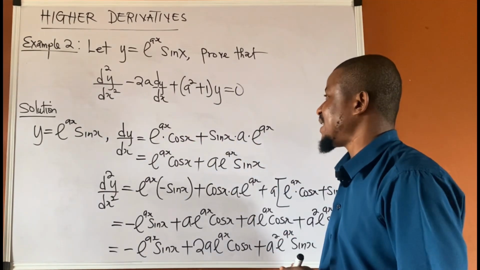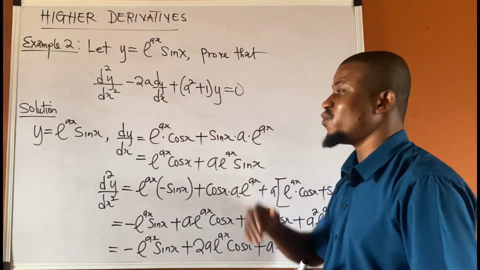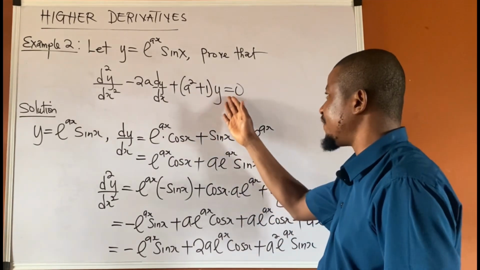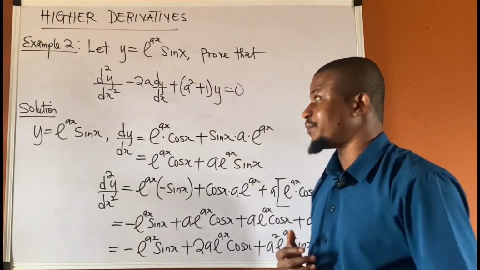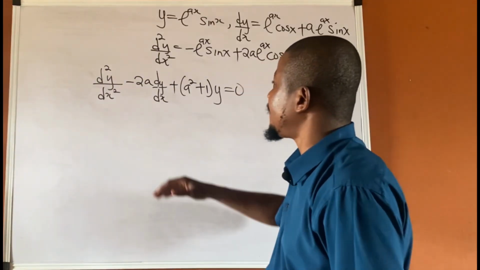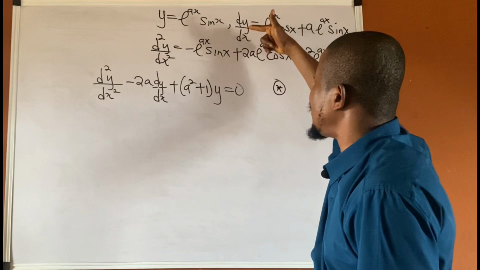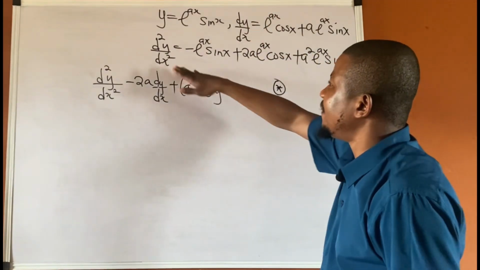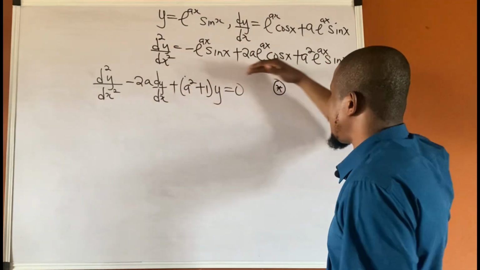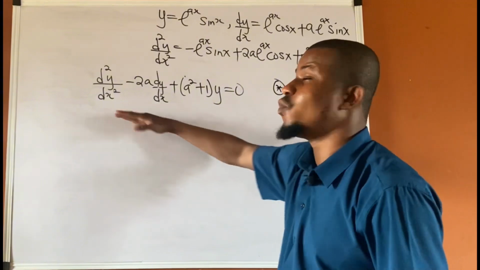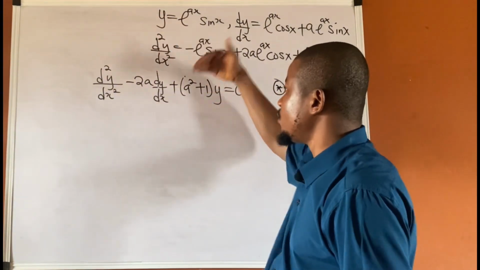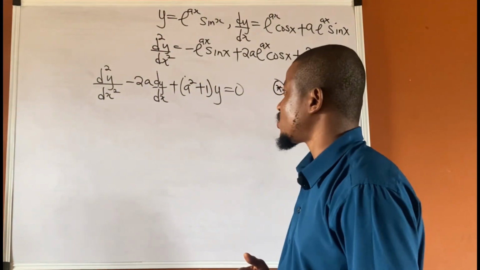Okay, let's get into action and substitute into this equation and see if we will have 0 at the end of the day. So we have our y equal to this. We have our dy/dx. We have our d²y/dx² as this. And then this is the equation we want to substitute these values into. Now let's get into the substitution.